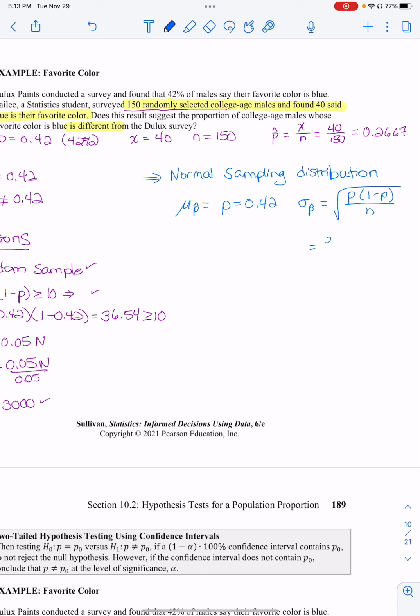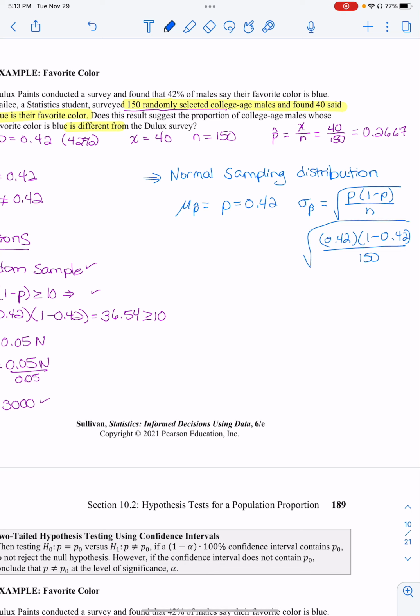So there we have 0.42 times 1 minus 0.42 all over N. Let's put in a number for N. We're going to say it's all over 150.